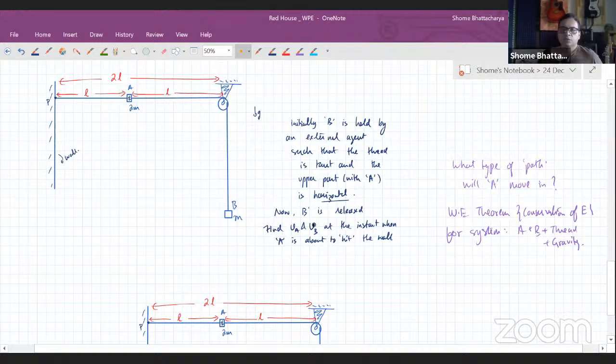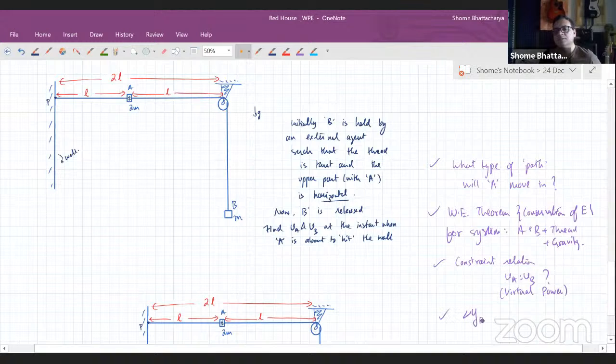Okay, and the moment you think about this, you will also have to think about constraint relation, VA and VB, that you get by virtual power. And you'll also have to think of the vertical displacement for B by geometry. So I've given you lots of hints of what all you have to do here.